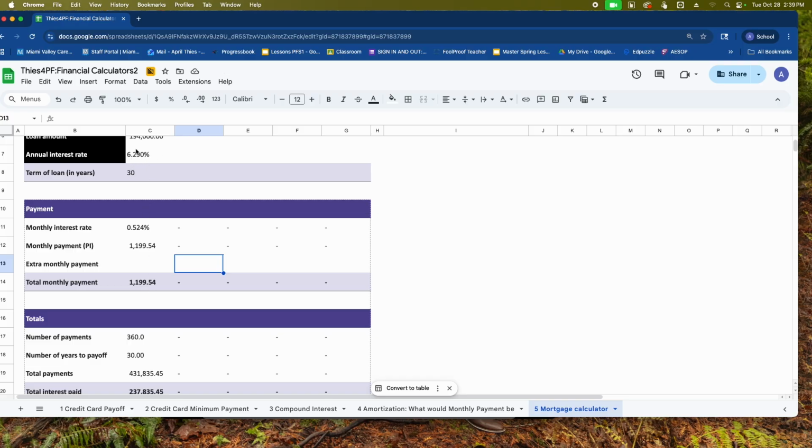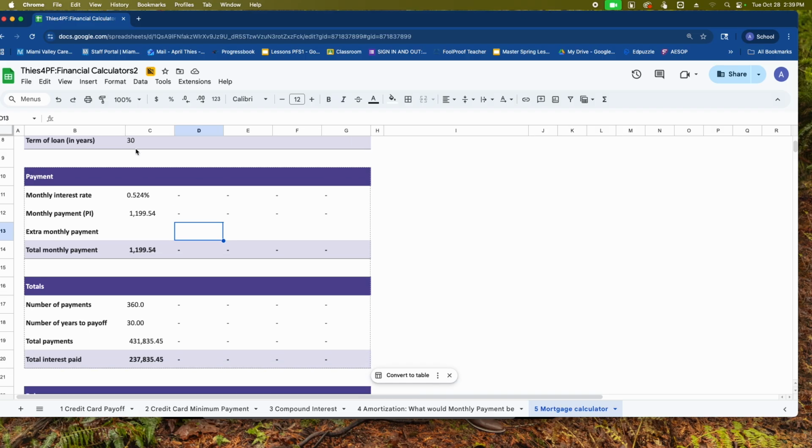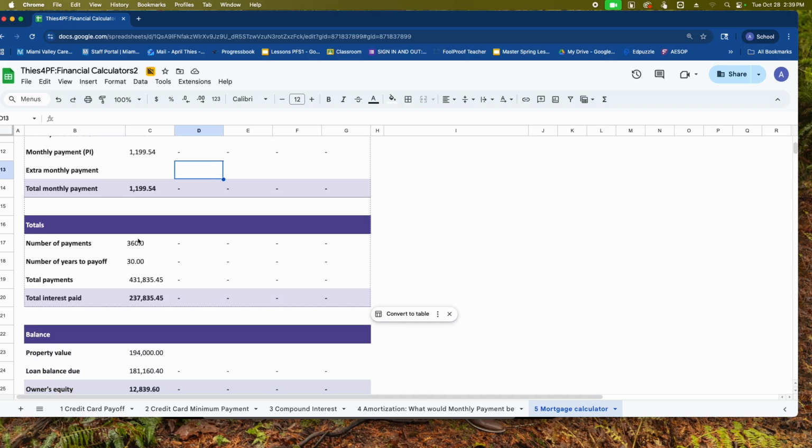Yours might be different if you have a different interest rate. As we scroll down here, the answer to C would be $1,199.54.